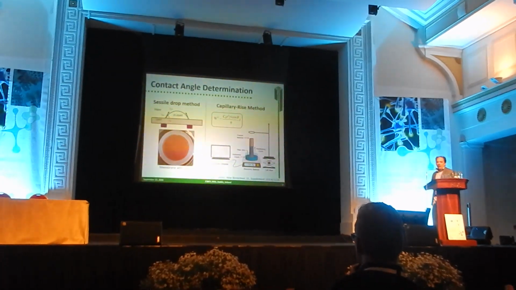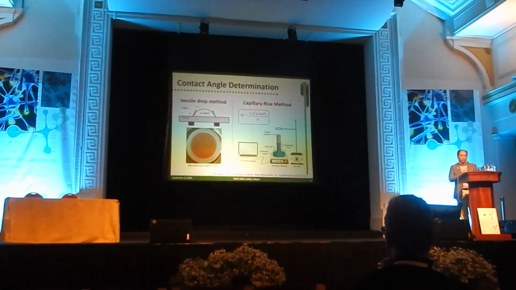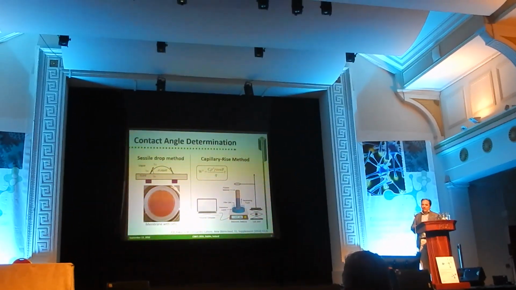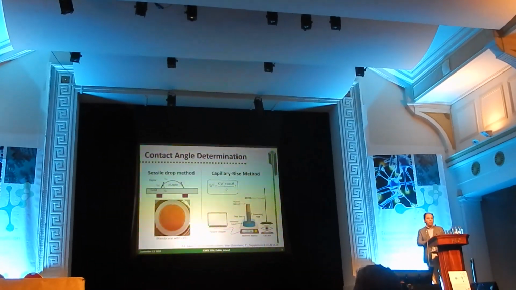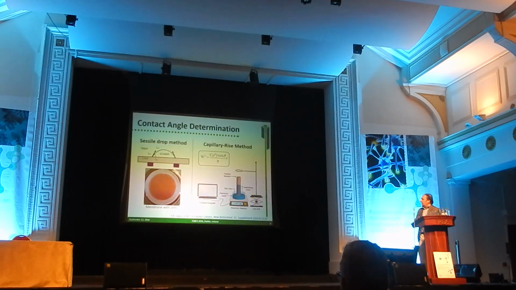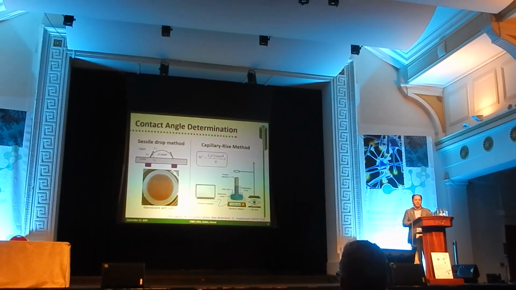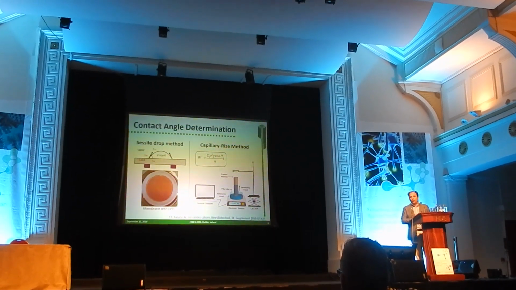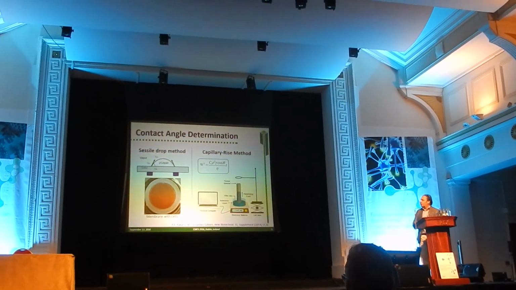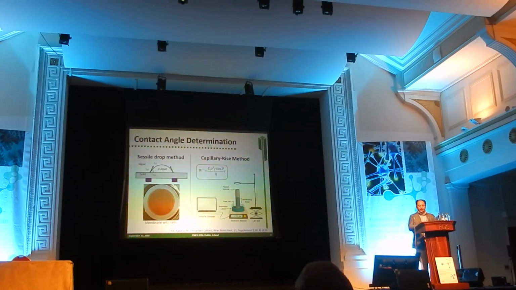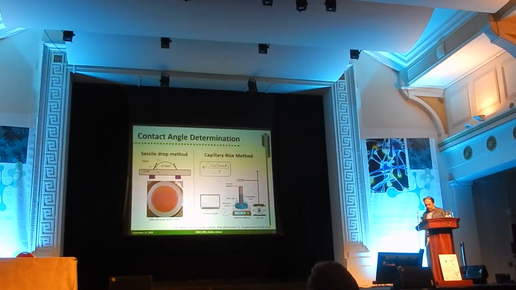So here, to make it very simple, you use 3 diagnostic liquids, for example, water, formamide, and alpha-bromonaphthalene, to mention 3, and from these measurements you are able to get surface tension components, and with these surface tension components, you are able to calculate the delta G's that I showed before, right?